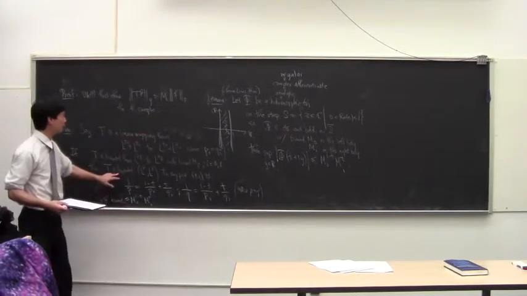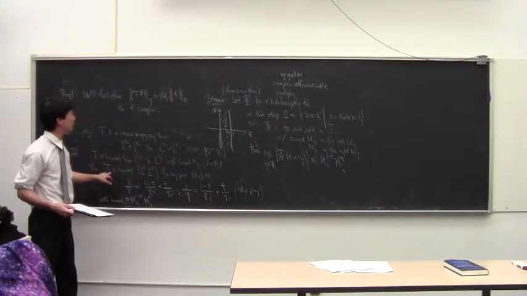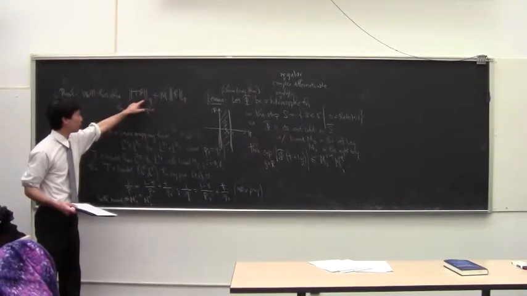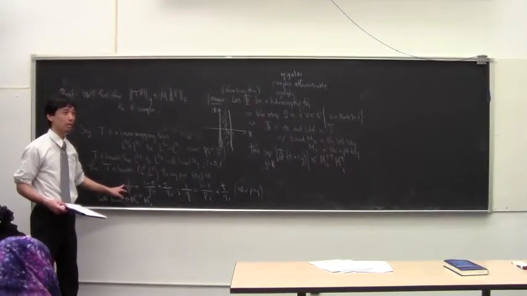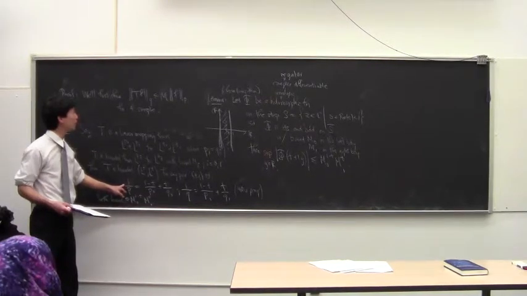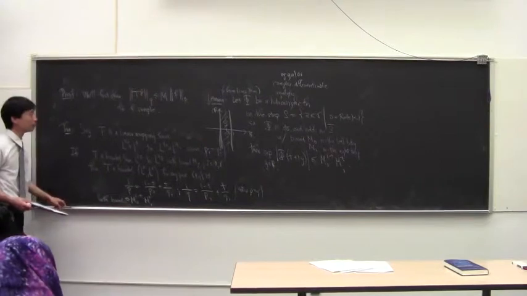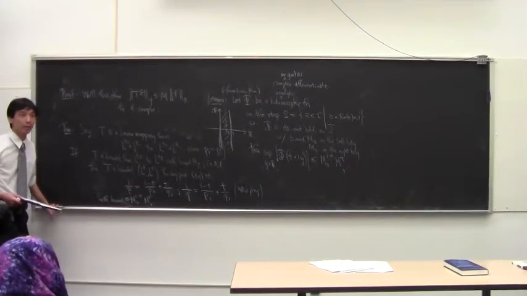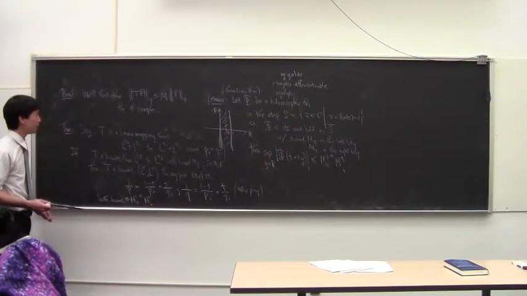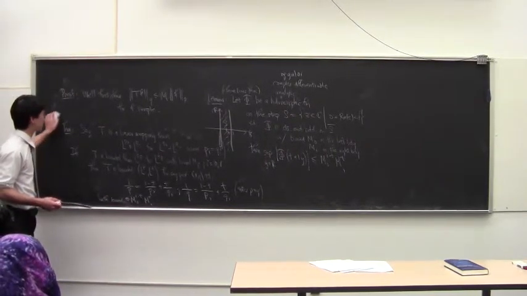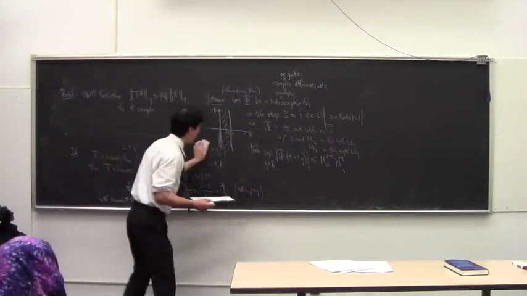Our goal is to show that T is bounded from LP to LQ for these intermediary P and Q. And we're going to do it in the case for f simple first. And then we'll play a trick to get us to the general case. And that trick will be a useful one.